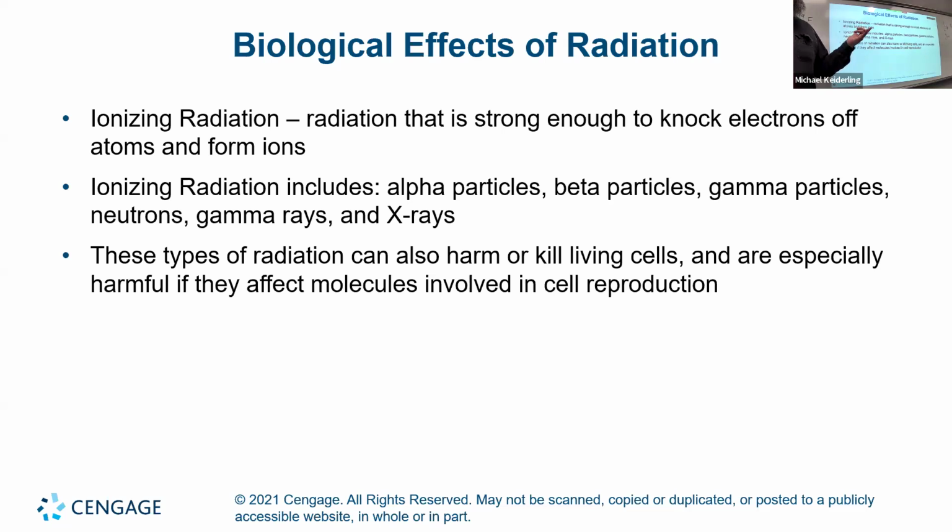Gamma particles and gamma rays are the same thing. And these types of radiation can also harm or kill living cells, and they're especially harmful if they affect molecules involved in cell reproduction. And some ultraviolet light can also be ionizing, but not quite as much.